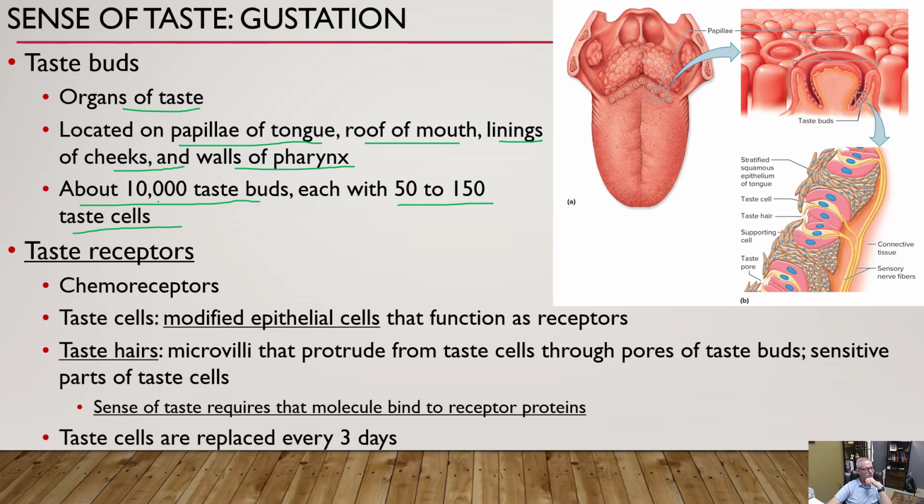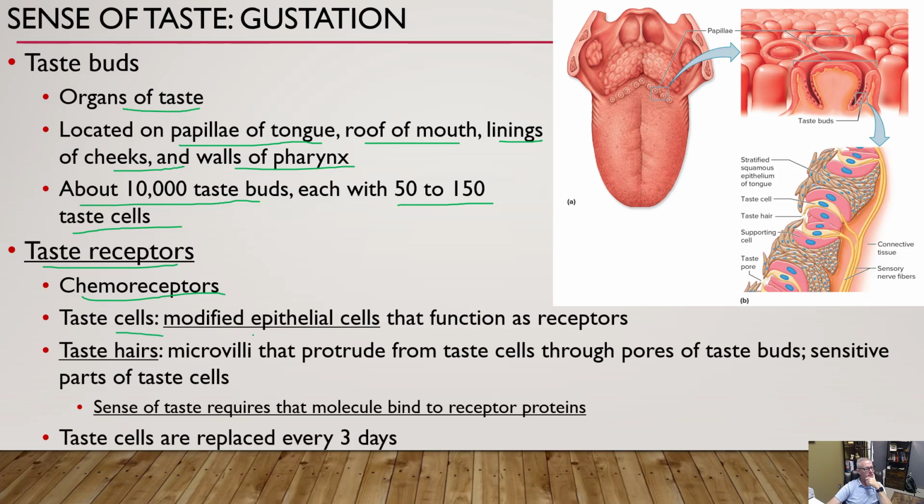So we actually have about 1 million taste cells in our mouth. 10,000 times 100.